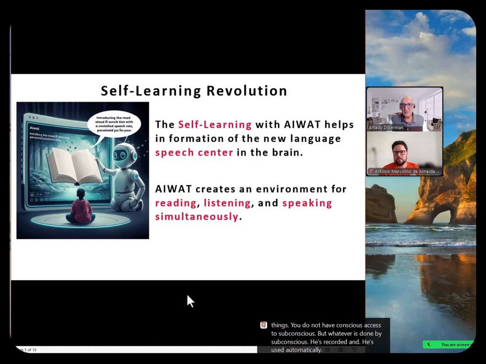For example, we drive the car. First, we start learning it and we do it consciously. But when we acquire enough experience, we transfer it to the subconscious and do it automatically. We do sports automatically, subconsciously.